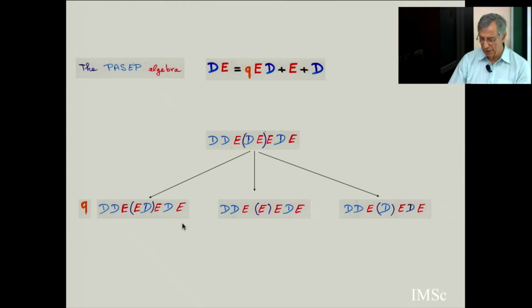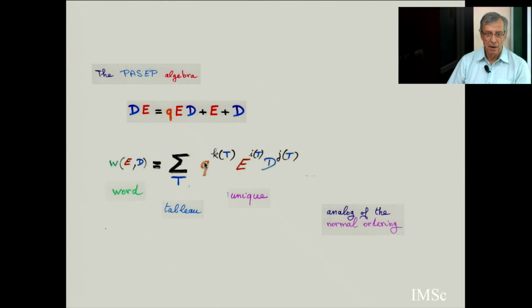Then any word in E and D can be uniquely written as a sum of monomials in E and D, all the E on the left, all the D on the right, with a certain coefficient in q. And here the sum is a sum over tableaux, so this is going to be my Q-tableau, my object associated to the quadratic algebra. So T is going to be an alternating tableau.